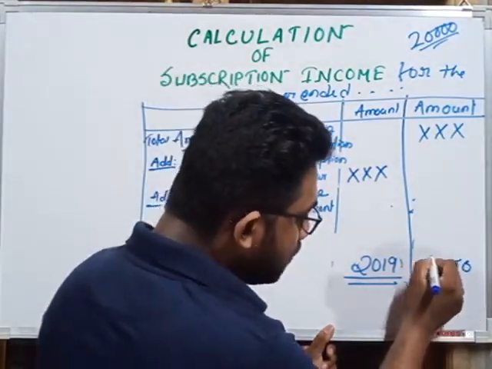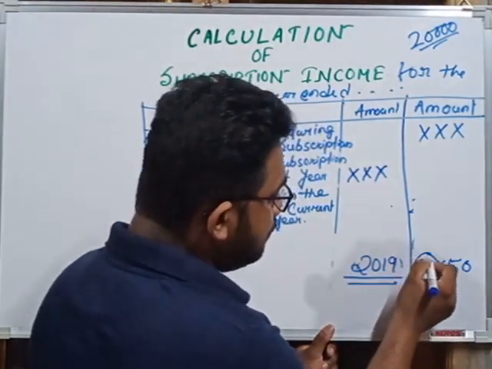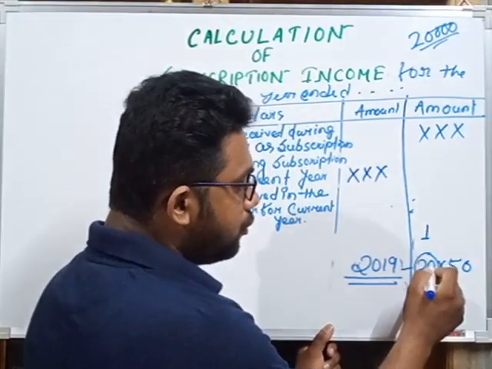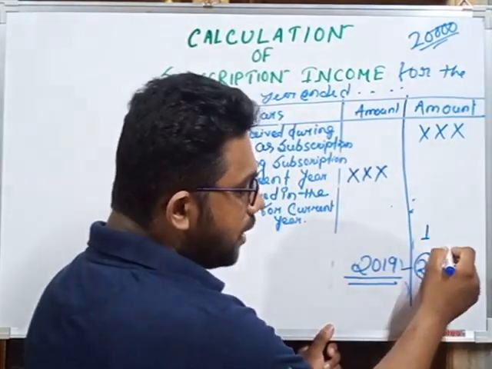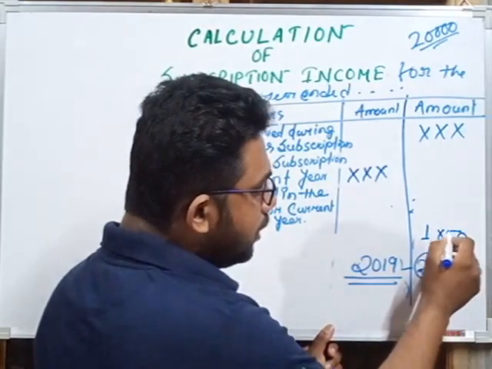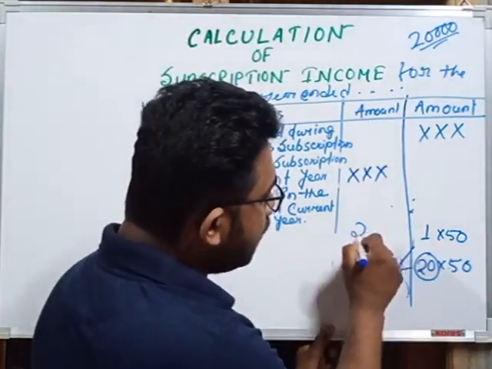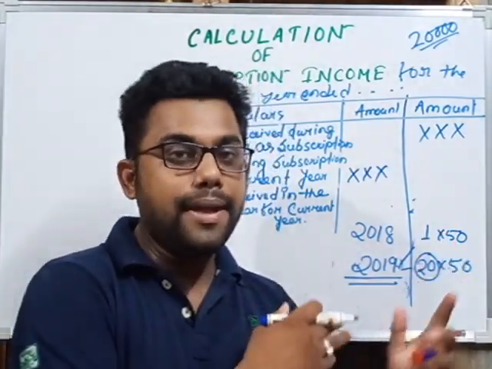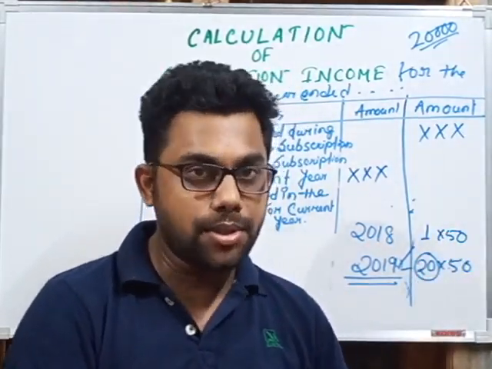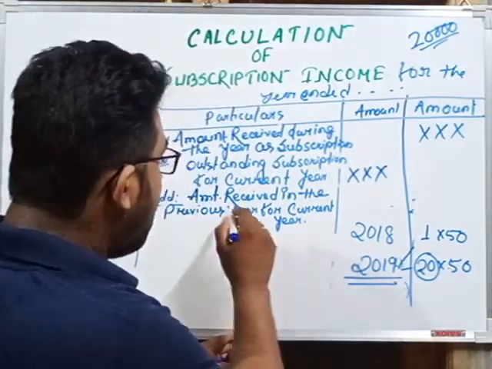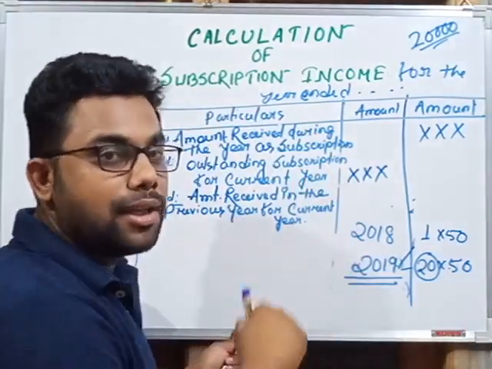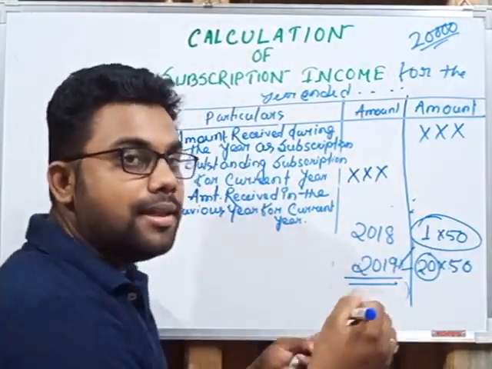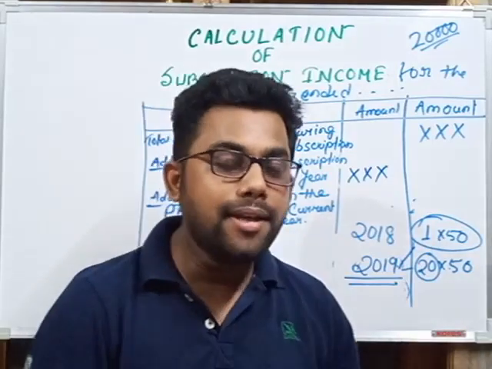From these 20 members, one member of the organization paid rupees 50 for 2019 in 2018. That means in 2018 that person paid rupees 50 as advance subscription. So that means amount received in the previous year but for the current year. This 50 the person paid in the previous year is income for the current year, so we have to add this item.